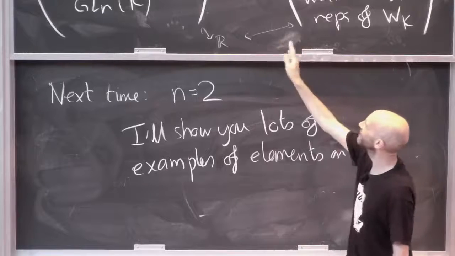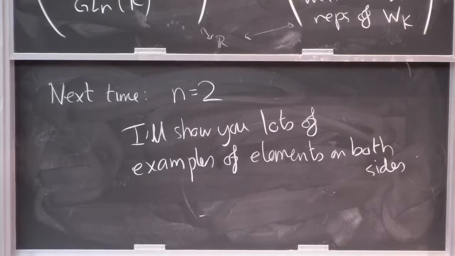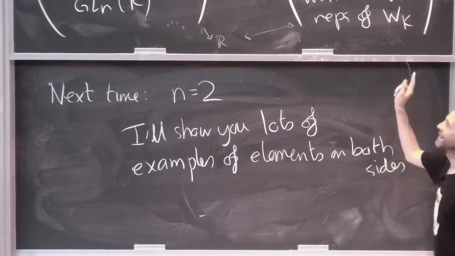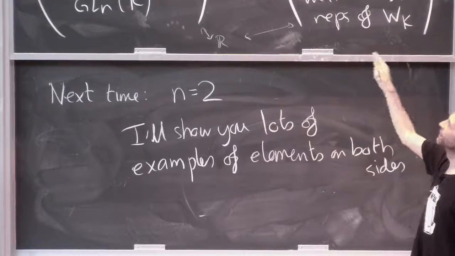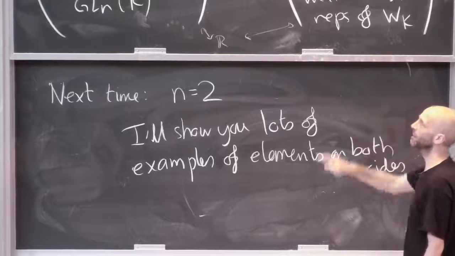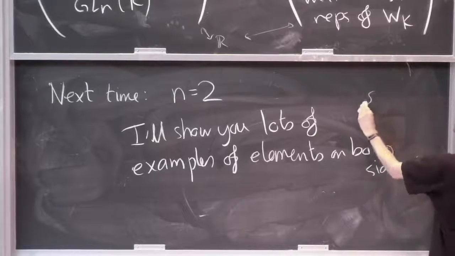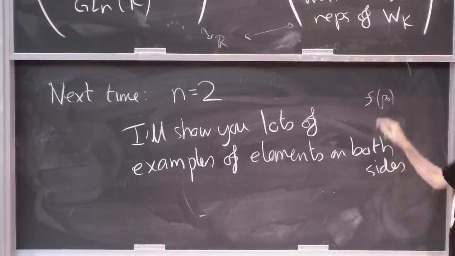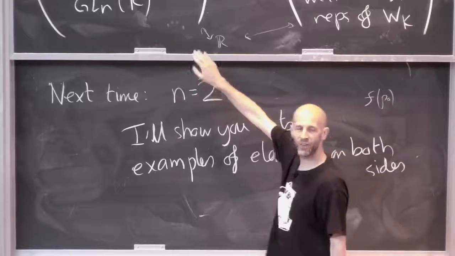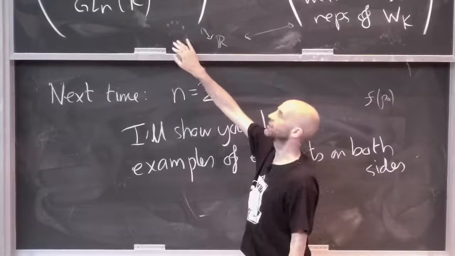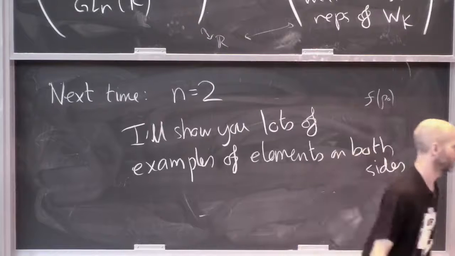I mean, people say that they know what the answer is, but I'll tell you what people tend to do. They tend to write down a list of invariants on both sides. Do you remember we had this f? Do you remember we had f of row 0? You can define f of something here, and you can define f of something here, and it's a lot of work. And they say, oh, the f's have to match up. It's like, okay.